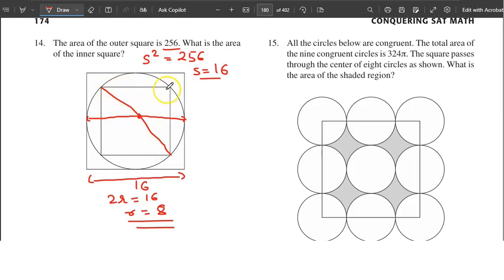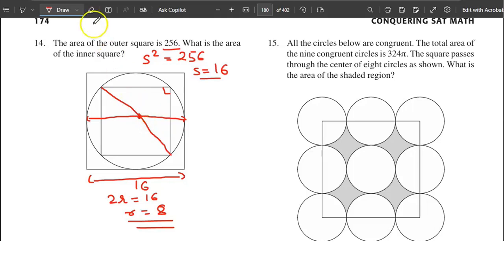The reason is very simple, because this is going to make an angle of 90 degrees because it's a square, but circles have a property that a semicircle subtends a right angle. So if this is making a right angle, that means this will be a semicircle. So this particular diagonal will be the diameter of the circle. So we know it's the diameter of the circle.